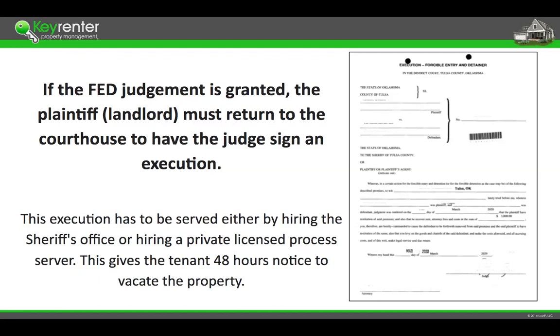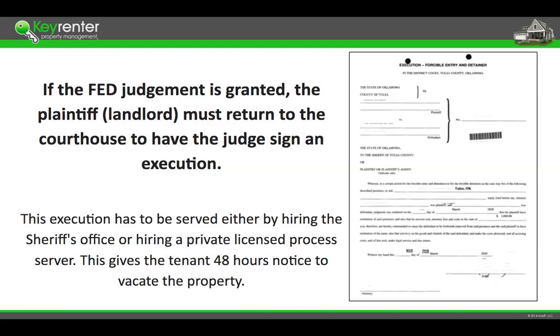And private licensed process servers have taken an oath saying that they will not lie about whether they serve a piece of paperwork, and that is their core job, right? They'll go out until they're able to serve it in a way that's legal. So whether it's posting it appropriately or actually finding the person, etc.